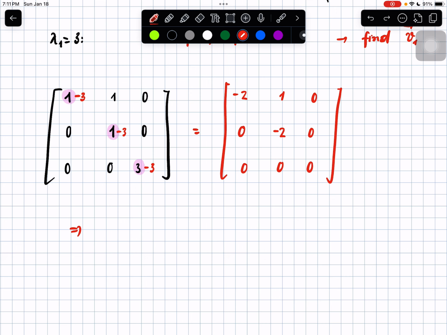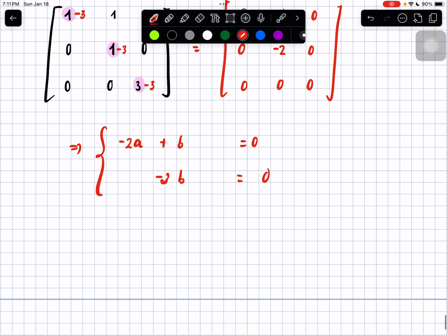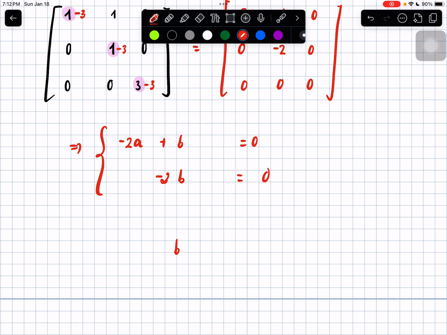This one will give us minus 2A plus B equal to 0, minus 2B equal to 0, and 0 equal to 0. So we have B must be 0. And A is also 0, because B is 0, then A is 0.